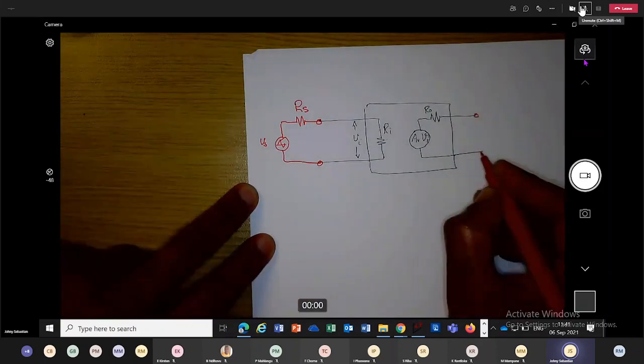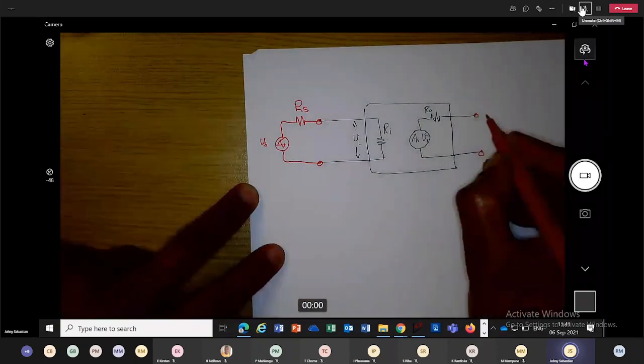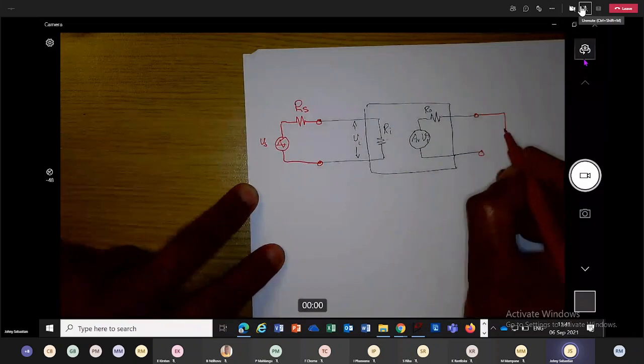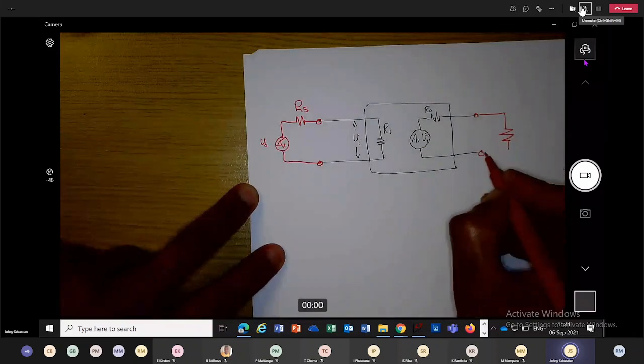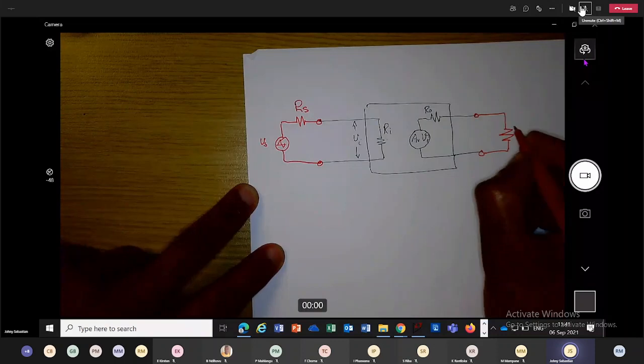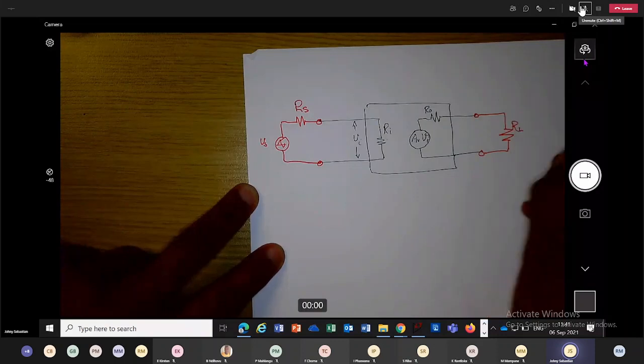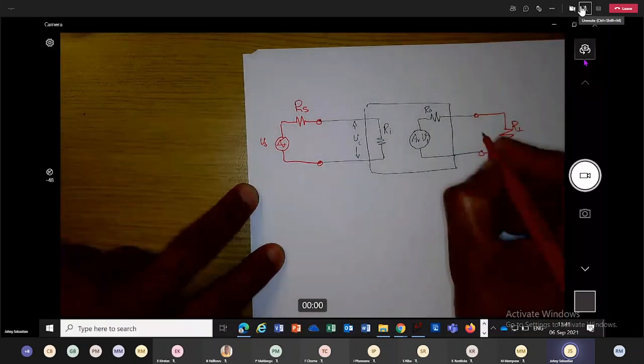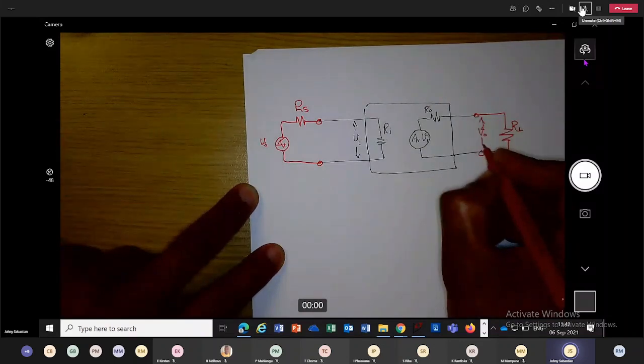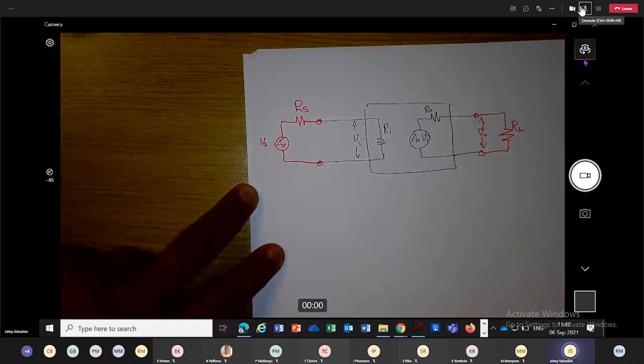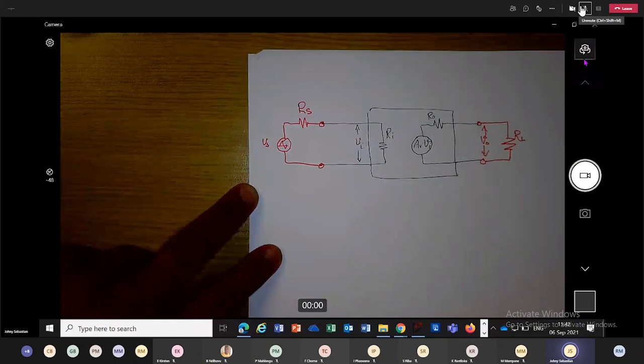And this is the output of the amplifier. We connect RL, and across RL it generates a voltage V naught. This is one of the very first things that we learned this year.